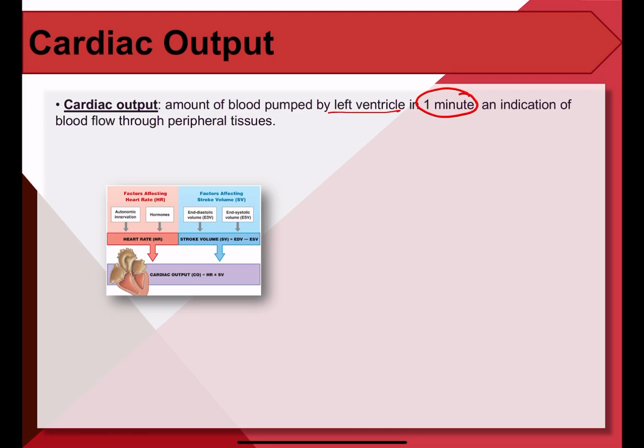And the reason it's going according to the left ventricle is because it is the left ventricle that actually pumps blood into the systemic circuit. Okay, and that tells you how much oxygen is being delivered to the entire body. So that's why they're going according to the left ventricle. This is an indication of blood flow through the entire body's peripheral tissue.